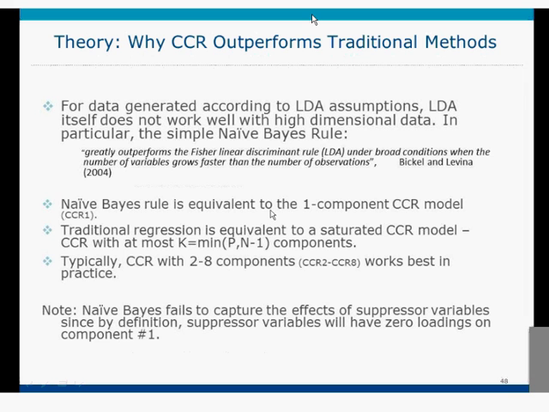So especially when you have suppressor variables, theory suggests that a model that's not saturated, has fewer components, but not one component, more than one, would work best.